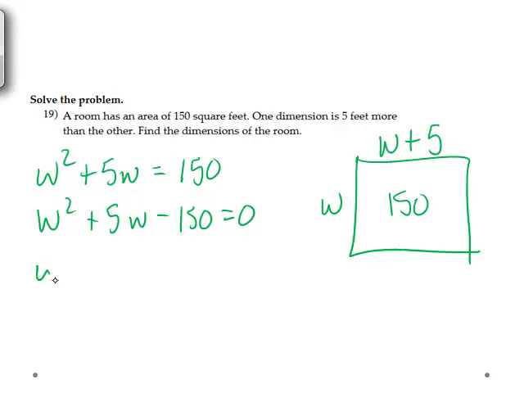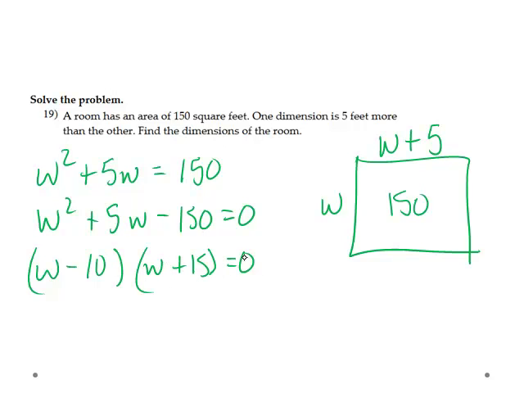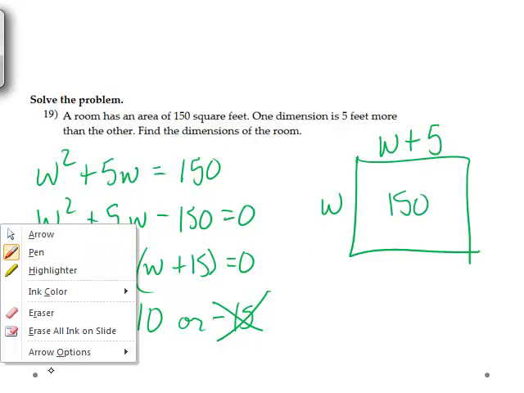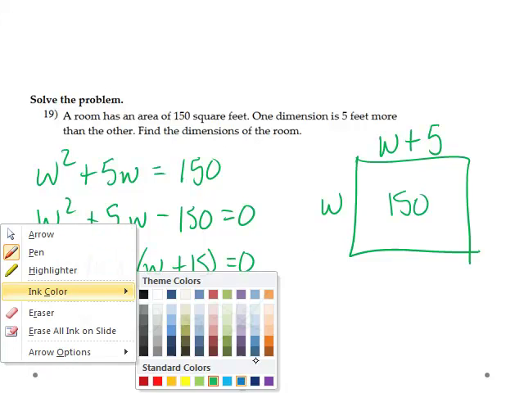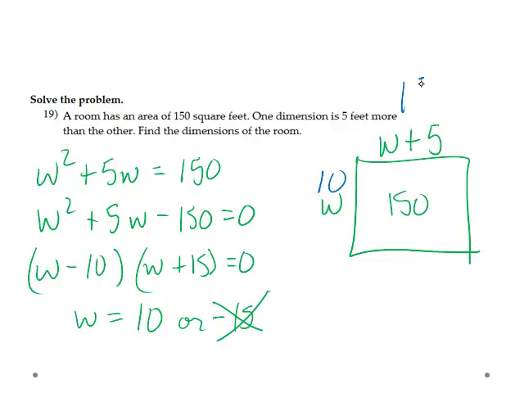That would be w minus 10, w plus 15 equals 0. So w equals positive 10 or negative 15. Obviously, you can't have a negative 15. So the width is 10, which means the length is 15.